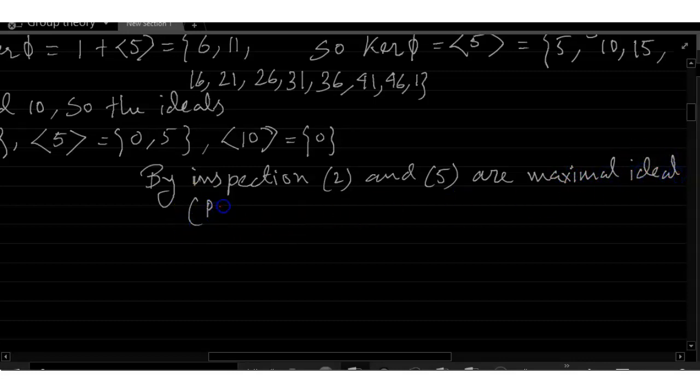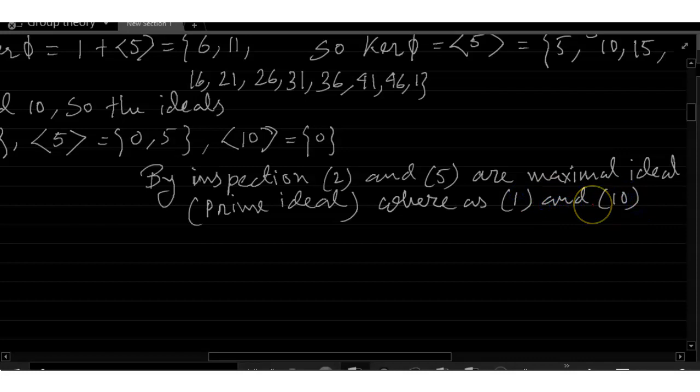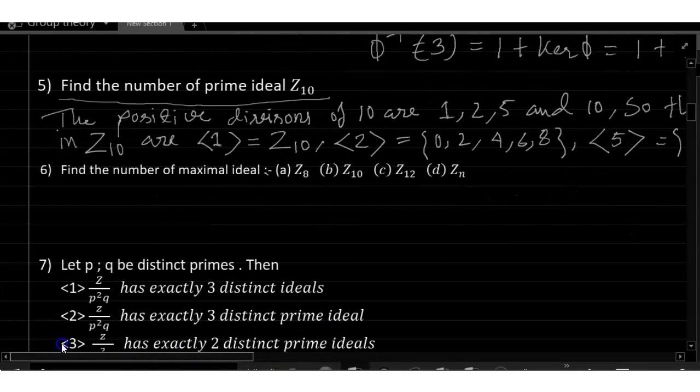So obviously they are prime, because I have already told that every maximal ideal is a prime ideal. But the converse is not true, whereas 1 and 10 are not. Next: find the number of maximal ideals of Z8, Z10, Z12 and Zn.